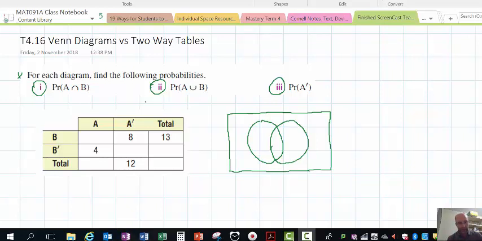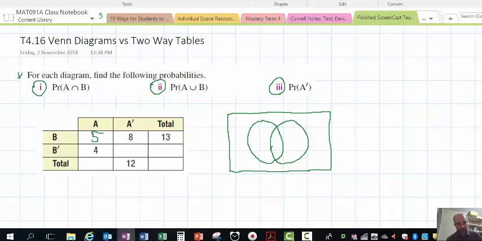Next, we can look at the two-way table. A two-way table has two different quantities, one along the columns and one along the rows. We've got some numbers given already. Look at row B: something plus 8 equals 13, so that's 5.